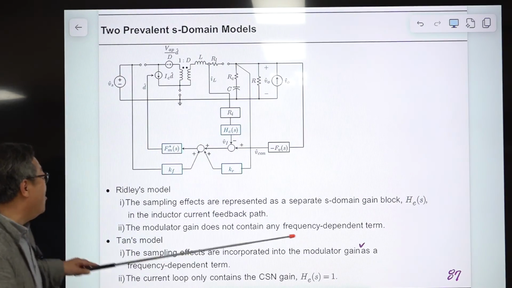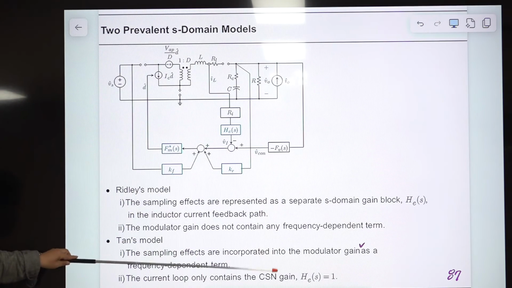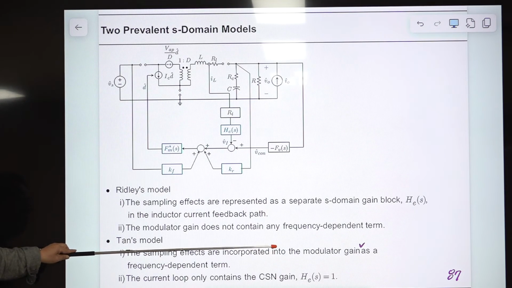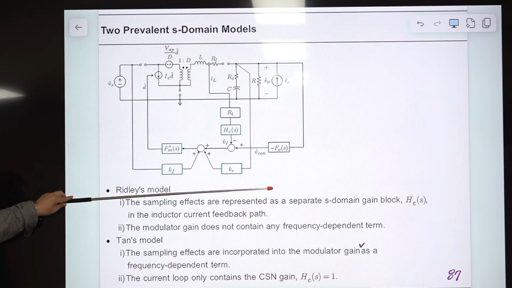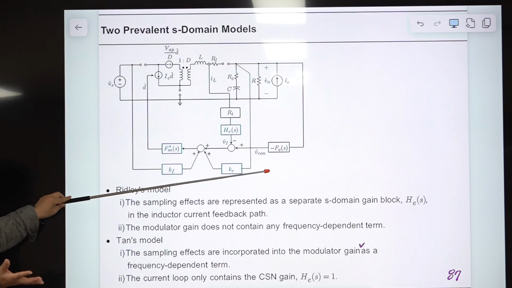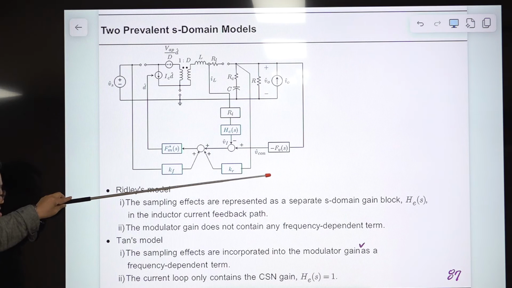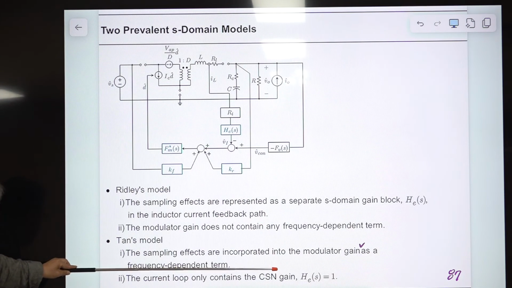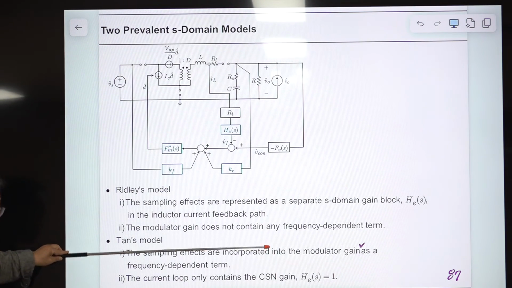I wrote one paper comparing this and this. His model was okay, but I claimed he made one mistake. If that mistake is fixed, it becomes the other model, very similar to Ridley's old model.